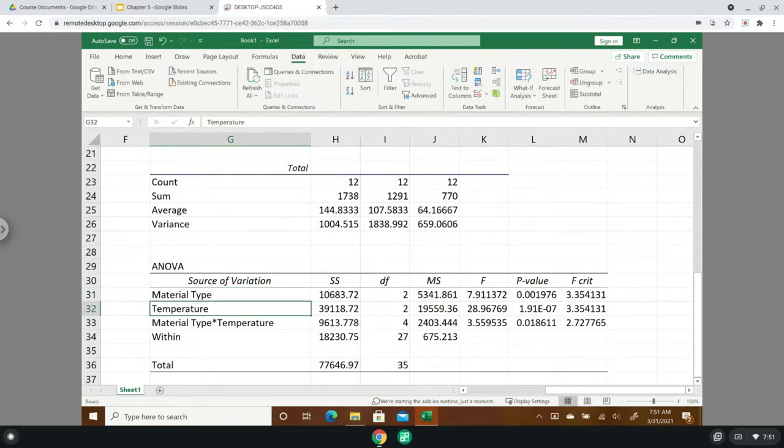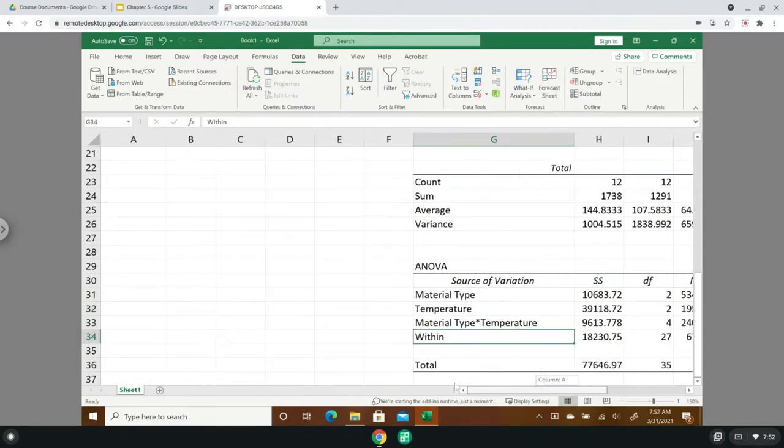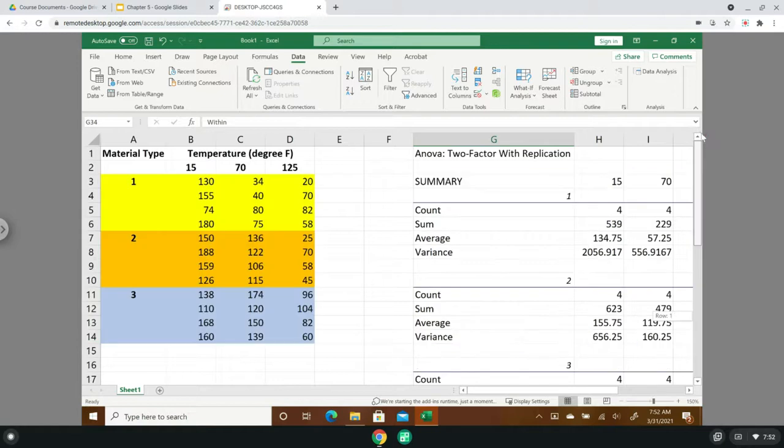Okay, and within means within each group. For example, when the material type is 1 and temperature is 15, because we are using the same material and conducting the experiment at the same temperature, we expect to get similar battery life.